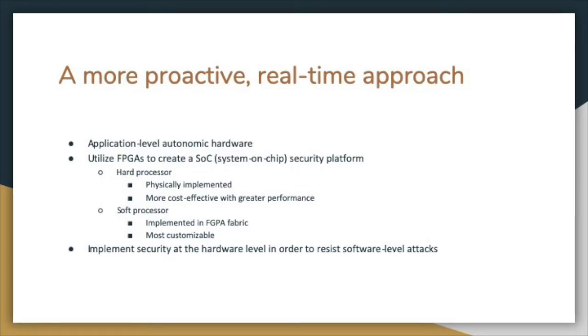It's preferred when it comes to balancing performance and cost, and it's also not limited by the speed of the FPGA fabric. A soft processor, on the other hand, is a processor implemented within the FPGA fabric. It's also more flexible in terms of modifications, but on the other hand, it's limited by the speed of the FPGA fabric.